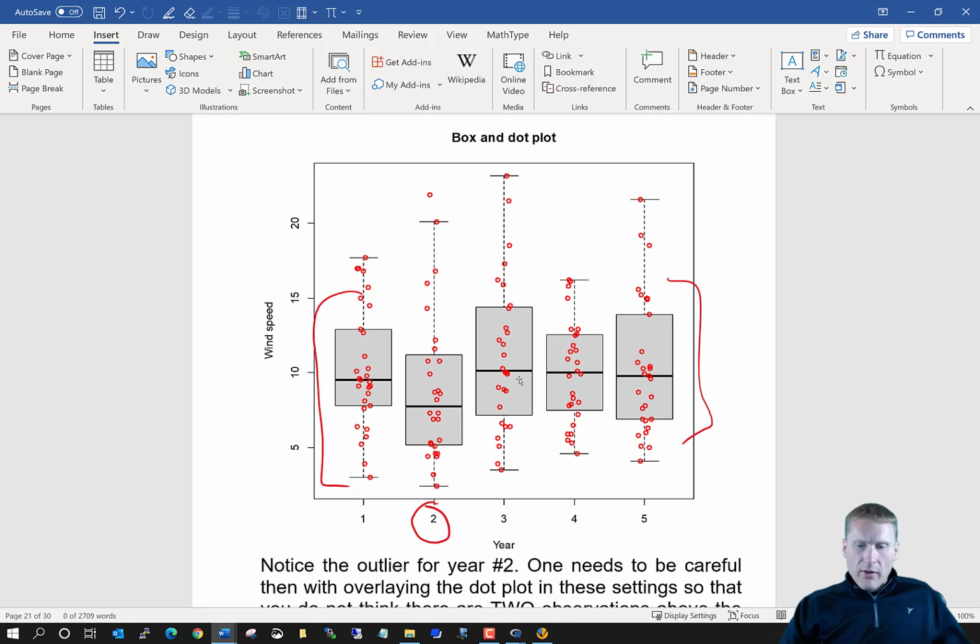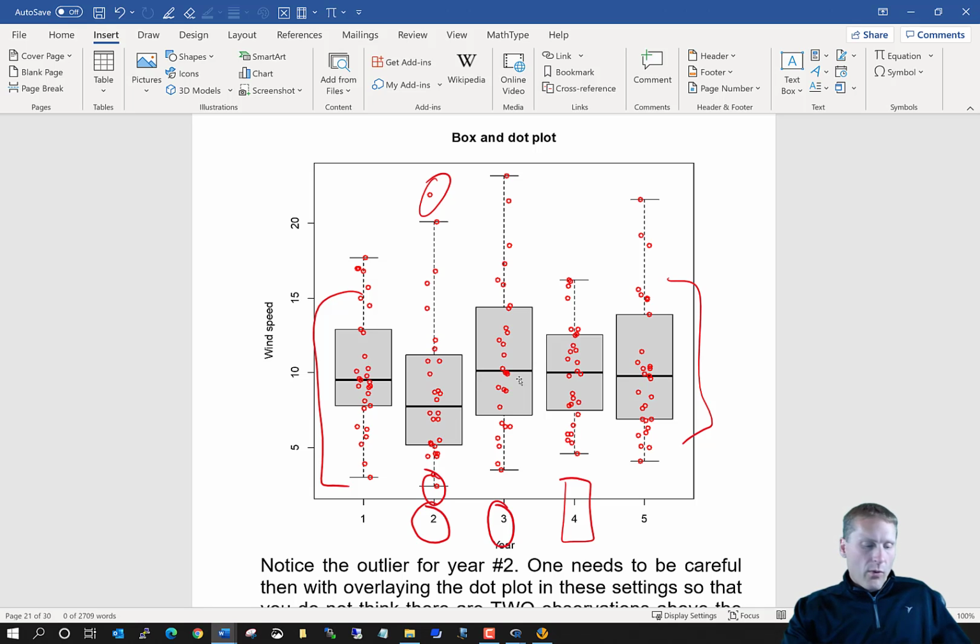Also, I do want to point out that look at year number 2. Its minimum value is the smallest of all the years. Maximum value is almost the largest of all the years. And interestingly, the standard deviation is 5.02, which is very close to the largest standard deviation, which was for year 3, which had 5.08.